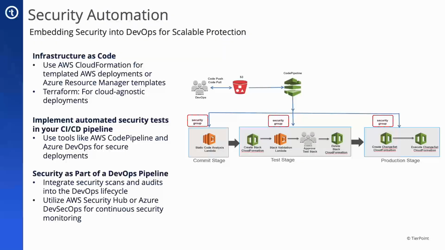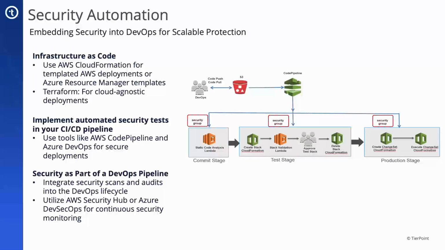Tools like CloudFormation, ARM templates, and Terraform help to achieve this end. Integrating security scanning tools into the CI/CD pipeline to automatically scan code and cloud configurations for vulnerabilities is also important. Services like AWS CodePipeline with built-in security checks or Azure DevOps with Azure Security Center can help.